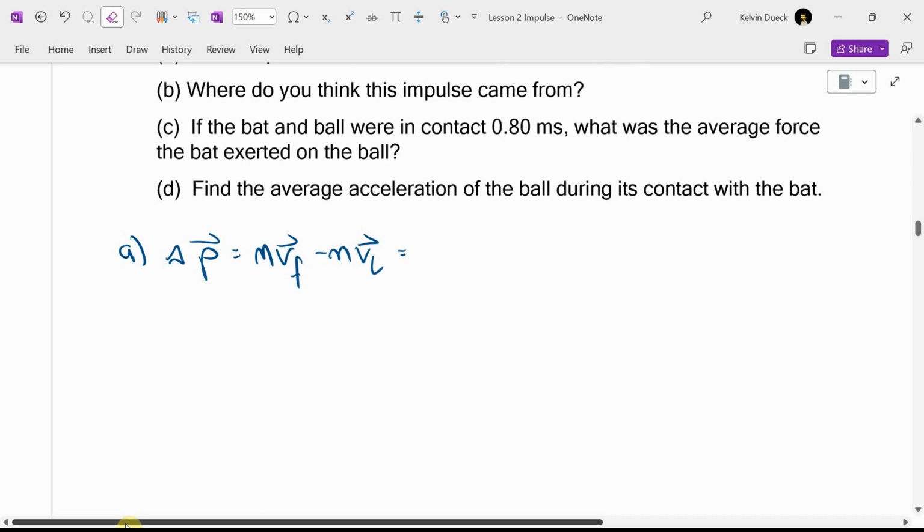What was m? I scrolled down. M is mass. Yes, you're overcomplicating it. Good.